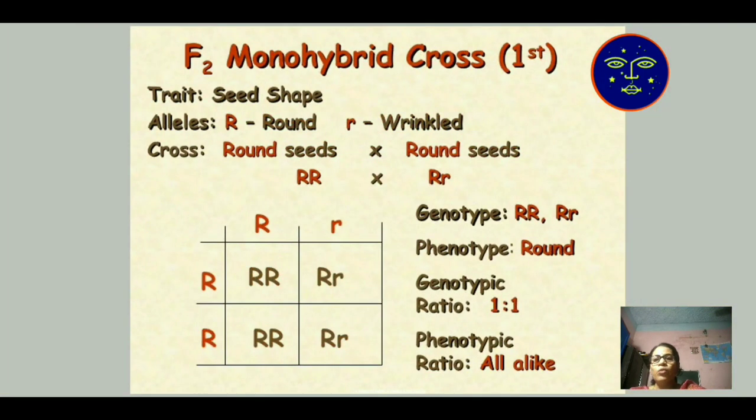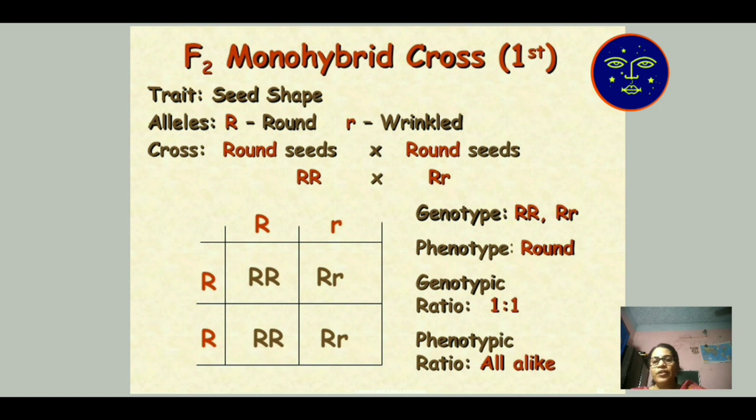In the F2 monohybrid cross, in the second cross, the round seed shape crosses with the wrinkled, either capital R, capital R or capital R, small r. Here the genotypic ratio is 1 is to 1, that is 50% tall plant and 50% hybrid tall plant.